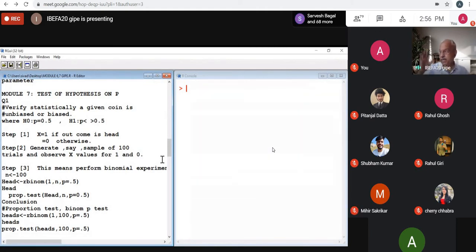In every testing of hypothesis so far, without a sample, no analysis. So what is the meaning of sample here? What shall I do for the coin?